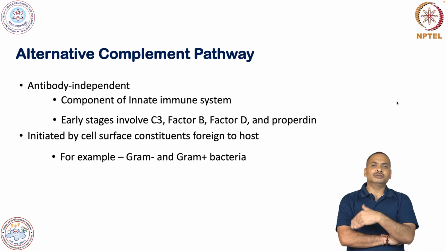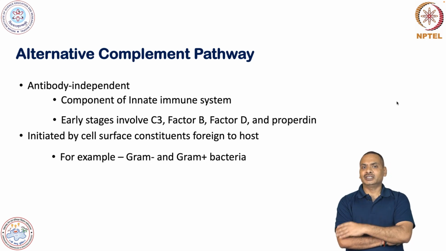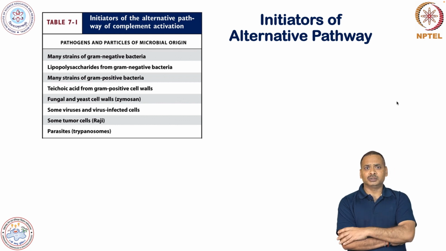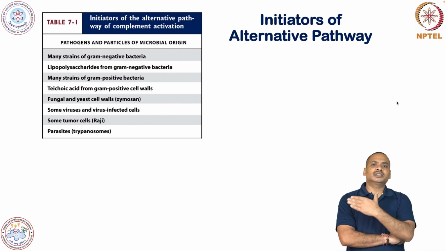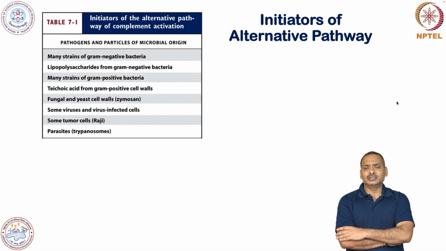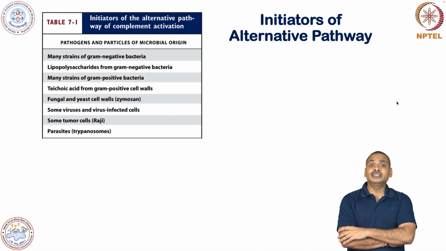I will show you in more detail what factors from gram positive and gram negative bacteria can initiate the alternative complement pathway. Here you can see that there are pathogens or particles of microbial origin, and these molecules basically initiate the alternative pathway.